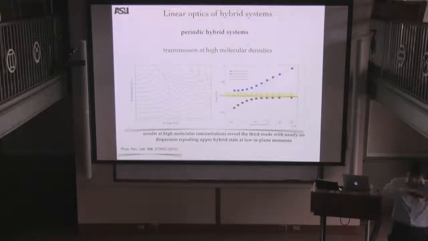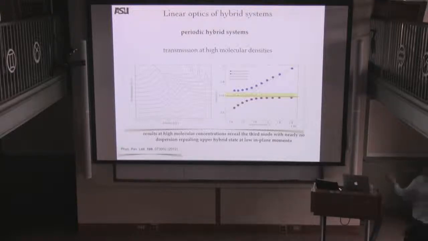So basically, I'm sweeping through this avoided crossing picture just to see where the coupling occurs. Right? Again, so this is the energy of the upper polariton, lower polariton. And this is the energy of my third mode that is nearly dispersionless. But what happens is that it actually repels the upper polariton at high periods. Okay? So the result of high molecular concentration reveals the third mode here.